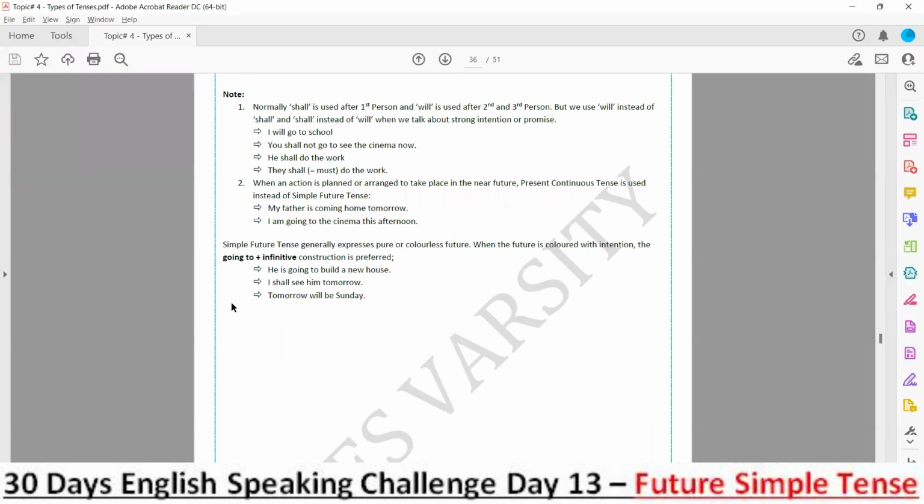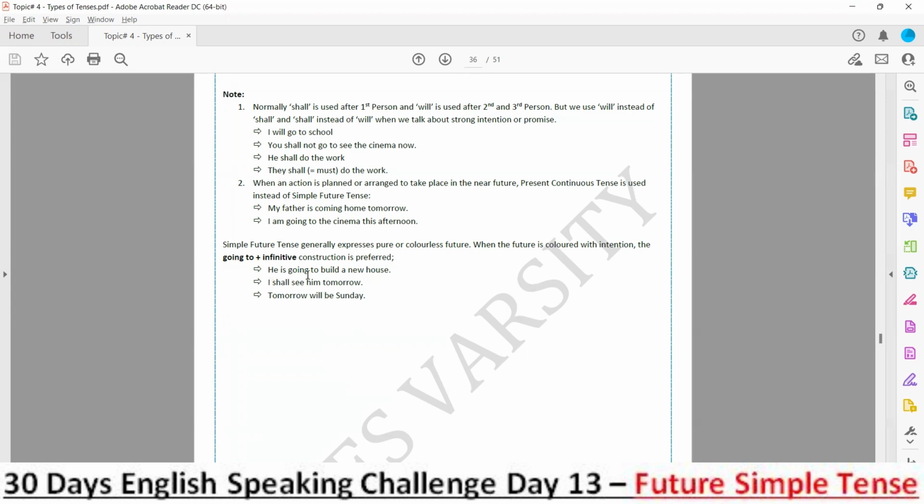This is note 1. Simple future tense generally expresses pure or colorless future. When the future is colored with intention, the going to plus infinitive construction is preferred.